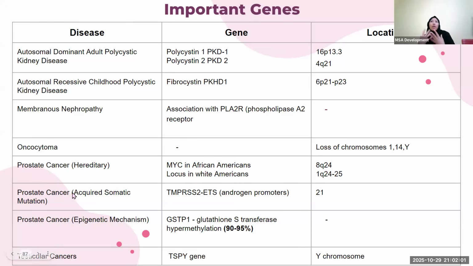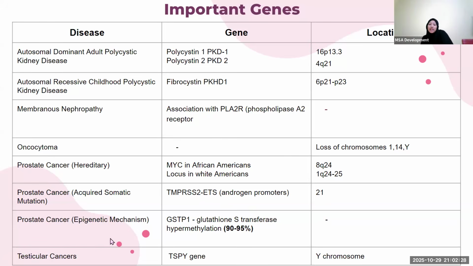Prostate cancer that is acquired somatic, so someone who does not have a family history, would be androgen promoters, a fusion gene located on chromosome 21, TMPRSS2-ETS, an androgen-responsive fusion that responds much more to androgen, which causes the cancer.